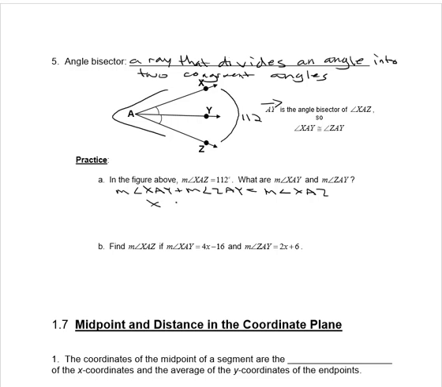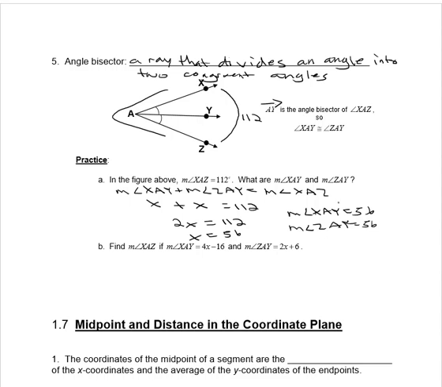So if I give this x, I have to give this one x. And XAZ is 112. Well, x plus x is 2x, equals 112, so divide by 2 and you get 56. So x equals 56. And so the measure of angle XAY is 56, and of course the measure of angle ZAY is also 56.